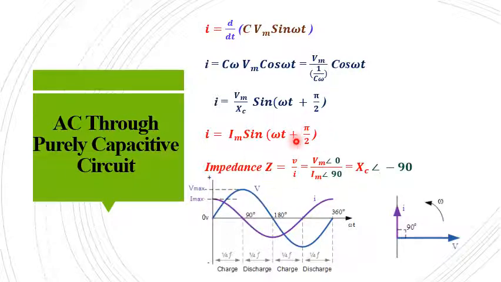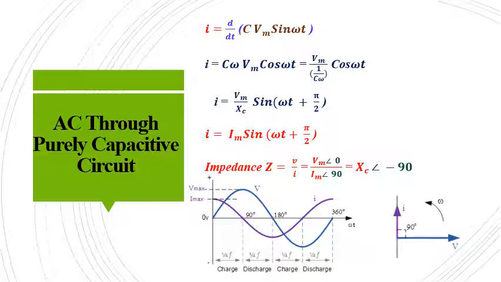It is leading by 90 degrees, so we have drawn it at 90 degrees. The length of the current phasor will be the amplitude of the current wave, and the length of the voltage phasor will be the amplitude of the voltage wave. So this will be the phasor diagram of voltage and current for a purely capacitive circuit.